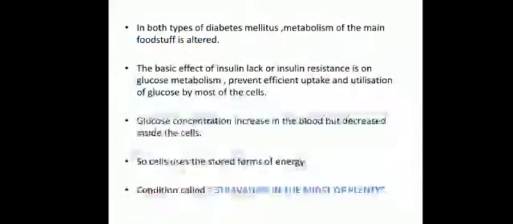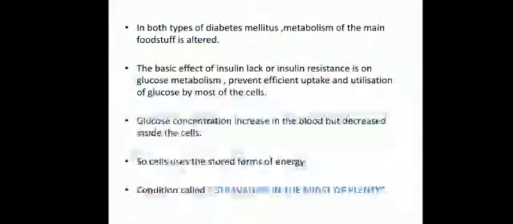Now, a little more input on the condition. In both types of diabetes mellitus, the metabolism of the main food is altered. The basic effect of insulin lack or insulin resistance, it can be either reason: less insulin in the blood, or insulin resistance shown by the tissue.